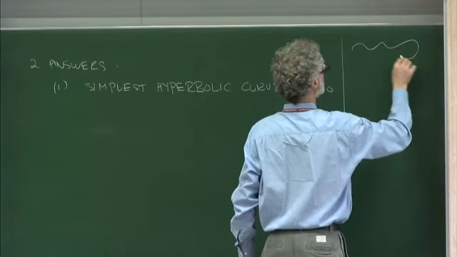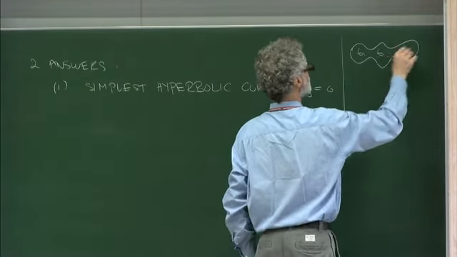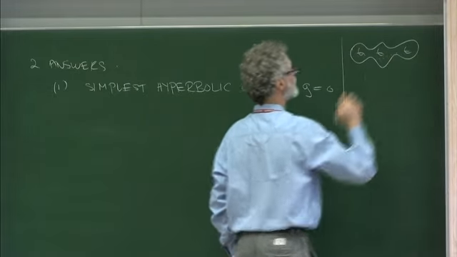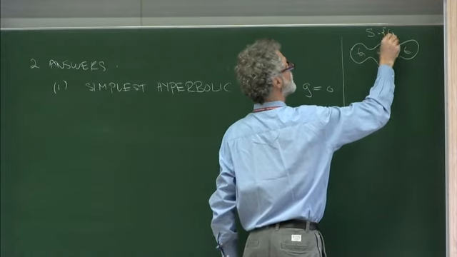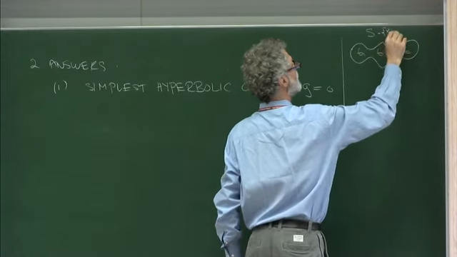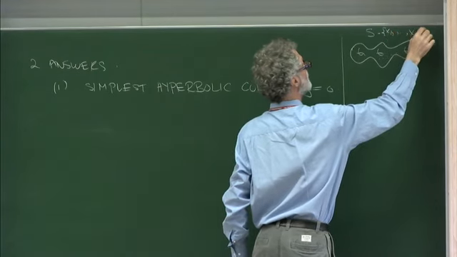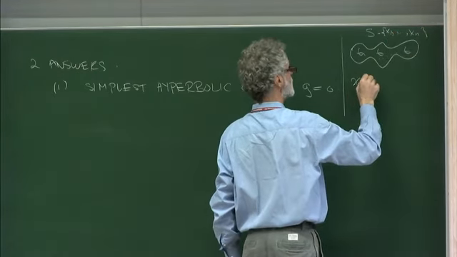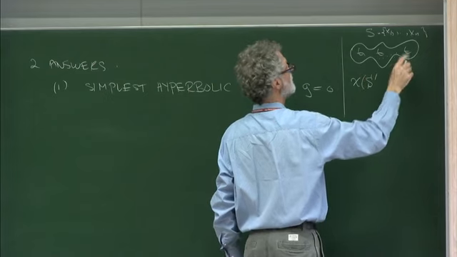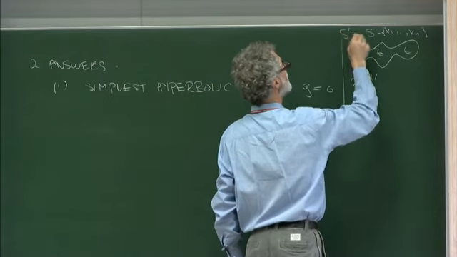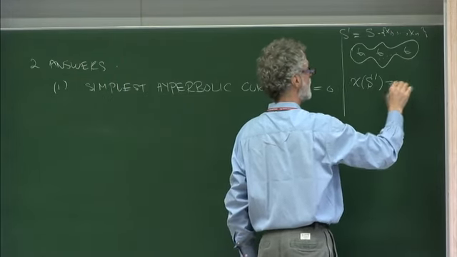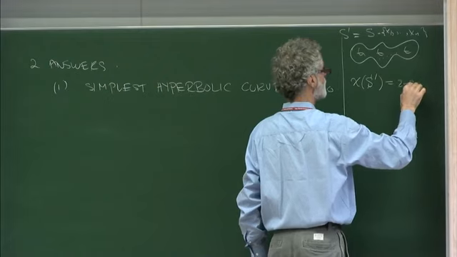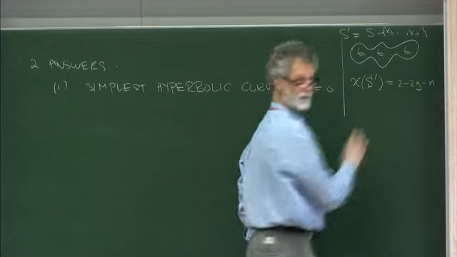Again, I'm a topologist, so that's my excuse for doing things incorrectly. If I take some compact surface S minus some finite set x1 through xn, the Euler characteristic of S prime, by that I mean this guy here, is equal to 2 minus 2g minus n, right?